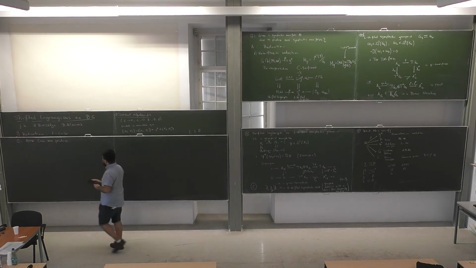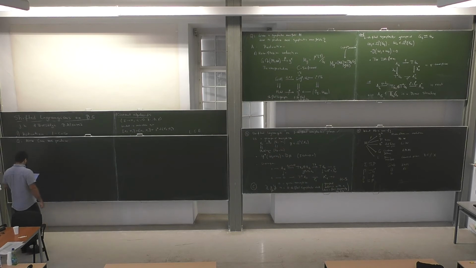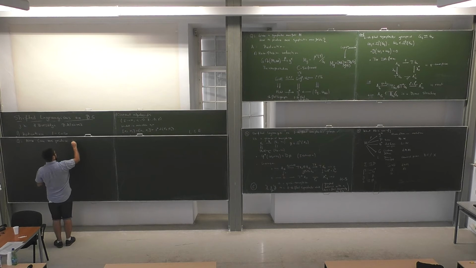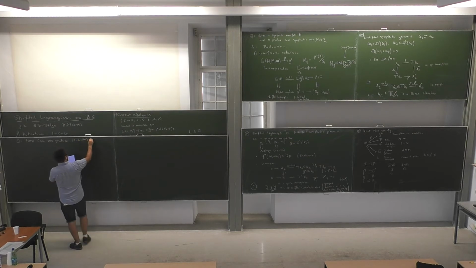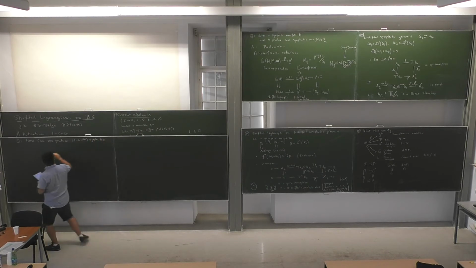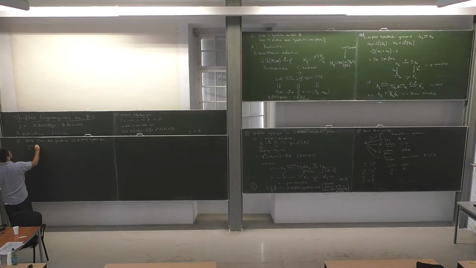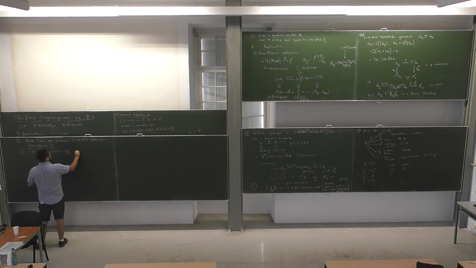So right now, the question is how can we produce one-shifted symplectic groupoids? And the answer is as intersections of two-shifted Lagrangians.